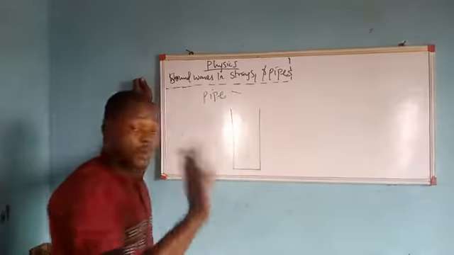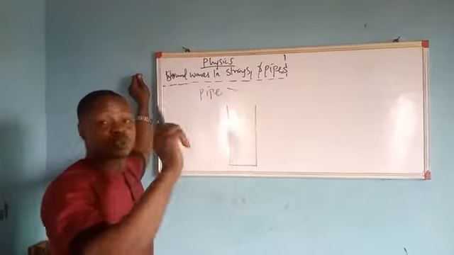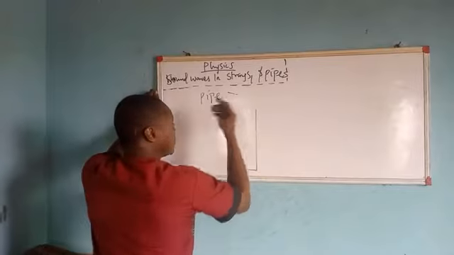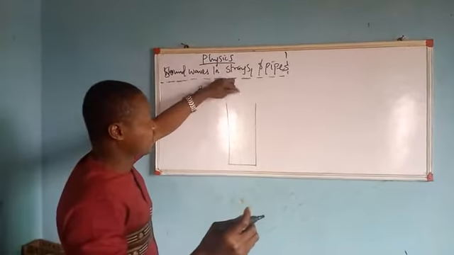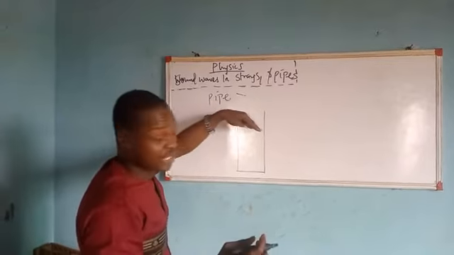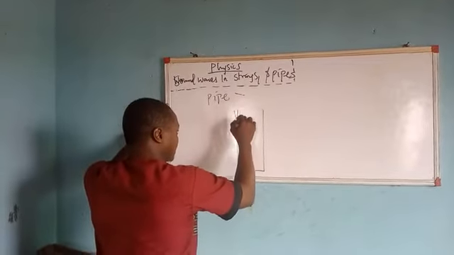So the waveform for the first note, or the lowest possible frequency that will produce the sound, is going to look like this. Immediately the air is blown into this pipe, there is going to be a sound wave, and the loop of the sound wave will look like this.